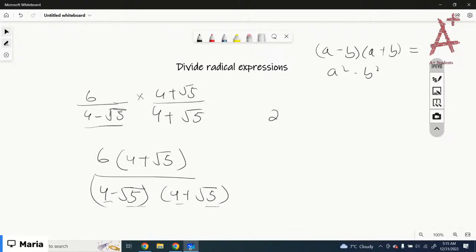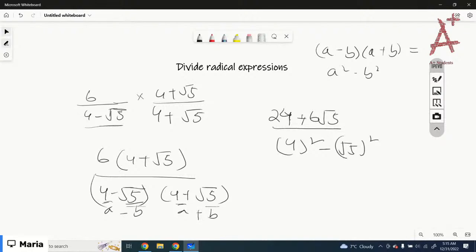So 6 times 4 is 24 plus 6 square root 5. Got it? And we can write the denominator as 4 square. This is a, this is b. This is a minus b, a plus b. So you can write them as a square, 4 square, minus square root 5 square. Got it?